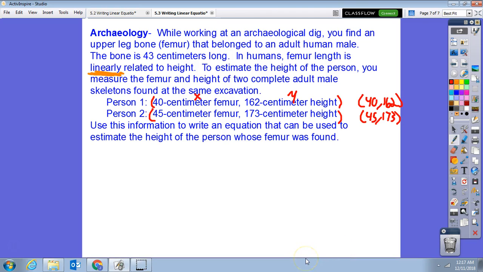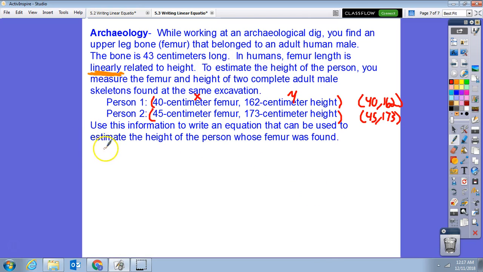Well, this goes back to something that you talked about in algebra, and we talked about it earlier this year in my class, when we talked about the dependent variable being the y values and the independent variable being the x values. The dependent variable depends on the other one. And I think we all can agree that the height depends on the femur.